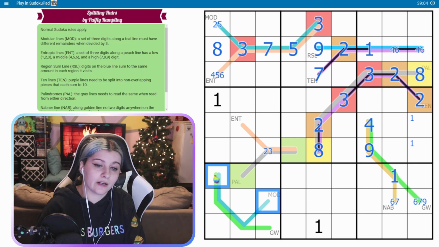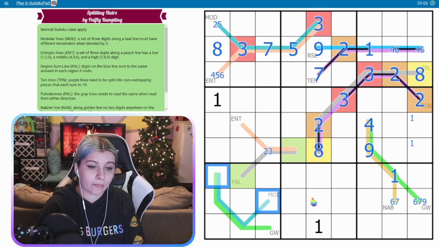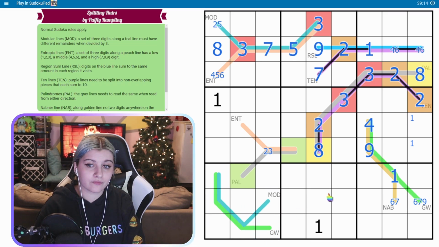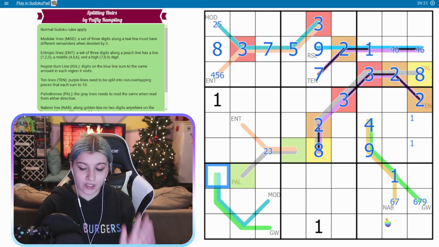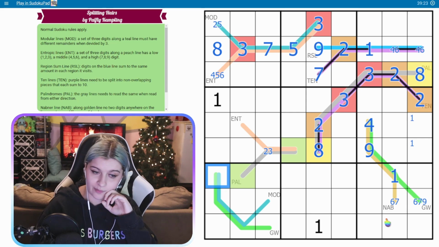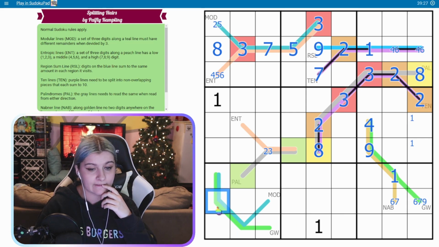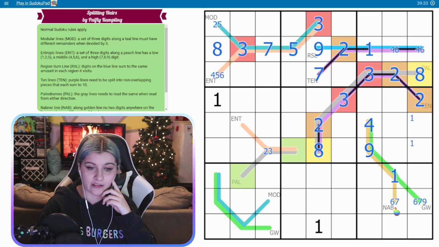But that's okay right now. Can't do anything else with that. There might be something more with the overlapping modular and German Whisper that I'm not getting. But I think because modular lines has like low and high options, I think it's fine. I can't. No, I can't think of anything that would have to be.